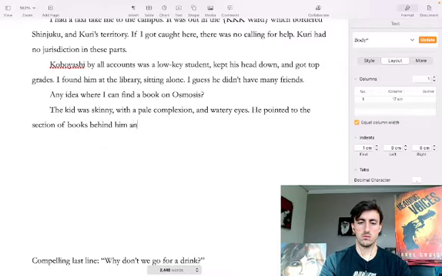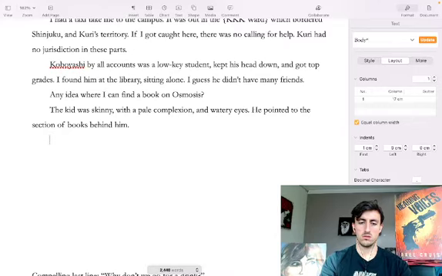Behind him. I nodded and brought another book back to the same table.